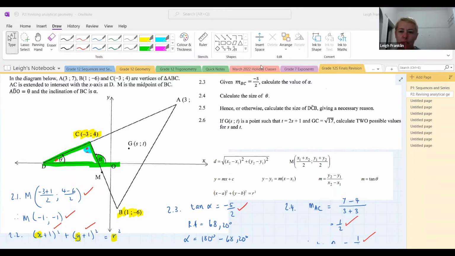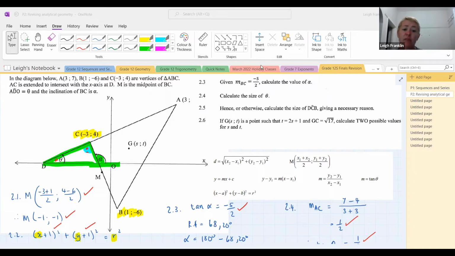I think it should be the square root of (S plus 3) squared plus (2S plus 1 minus 4) squared. That way we can find the S value and then we'll find the T value by using 2S plus 1 afterwards.